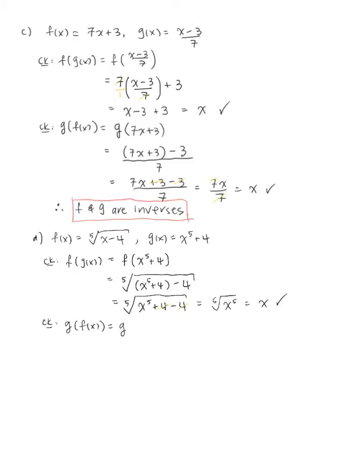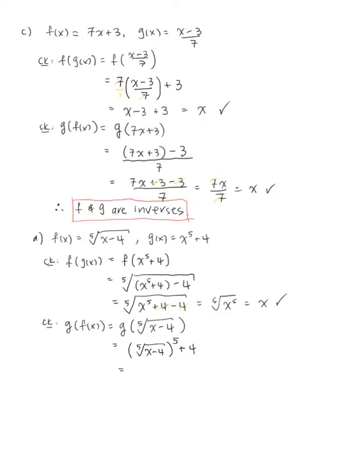So we got g of f of x, where f of x is the fifth root of x minus 4. So that's the same thing as, all right, g of x is what? x to the fifth plus 4. So it looks like we're going to have the fifth root of x minus 4, to the fifth power, and then plus 4.